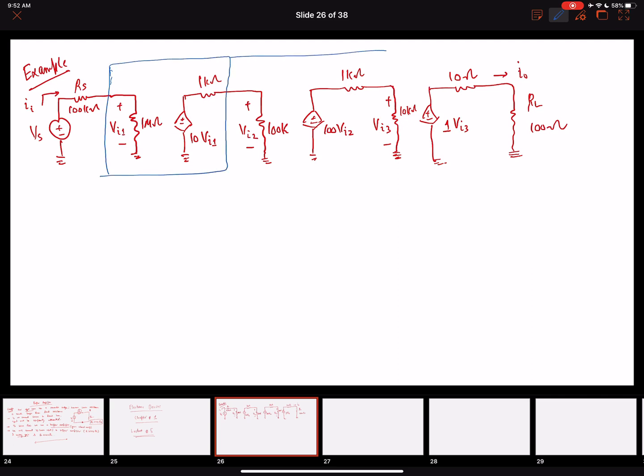This is the second amplifier, and this is the third amplifier, or we can also call it stage 1, stage 2, stage 3. So these are the 3 different stages of an amplifier which are connected to each other in a cascaded way, right? So this is an example of a cascaded amplifier example.